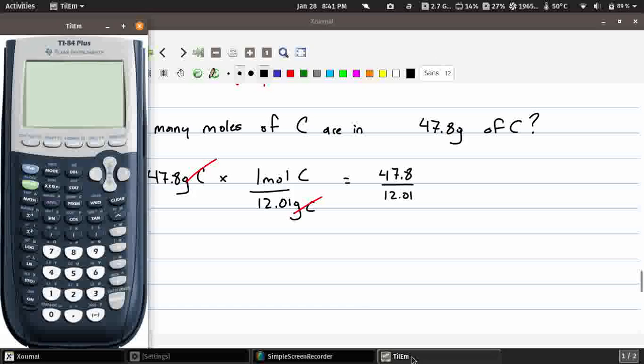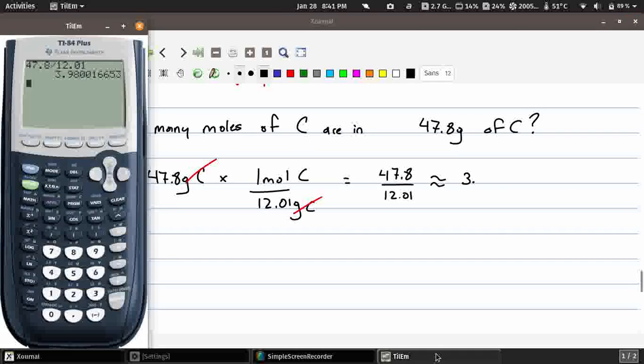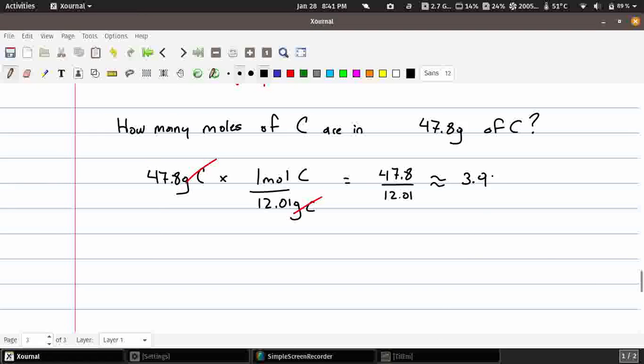And that's in moles because we've canceled the grams out. So let's do the math in the calculator. 47.8 divided by 12.01. And you're going to end up with approximately 3.98 moles. And that would be your answer for this case.